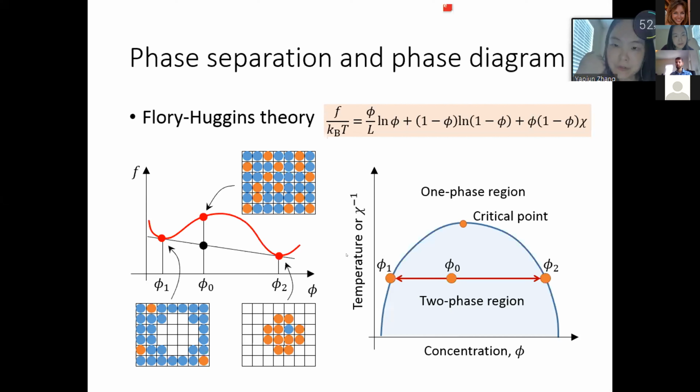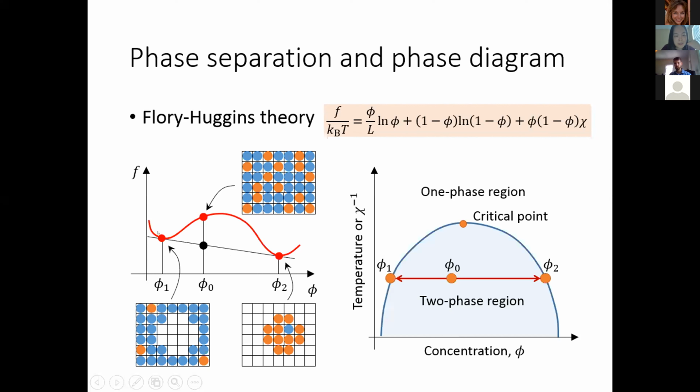If you have a theory, then you apply the convex hull analysis. Something like here, you always find the lowest line that is tangential to your free energy. The shape of the free energy will change with respect to temperature or with respect to this interaction parameter chi, right? So for each given temperature or interaction parameter chi, you do the convex hull analysis. Convex hull analysis is very common now, and you can find codes in MATLAB or something else, just to find the lowest points on this curve that are tangential to this curve.